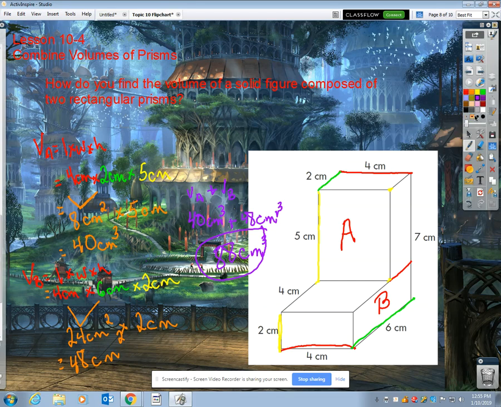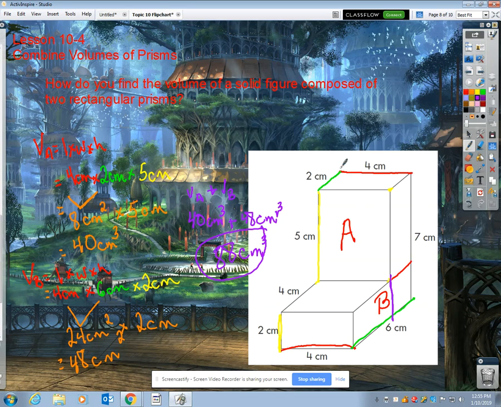Now, I do want to point out to you something. You don't have to call this top A. Remember at the beginning of the lesson, I said you can just chop the top off. We could have also, if we wanted to, cut the entire front off by dropping a line straight down here. And now I have kind of this taller one in the back, and its dimensions are 4 long, still 2 wide, and now I would use that 7 high.